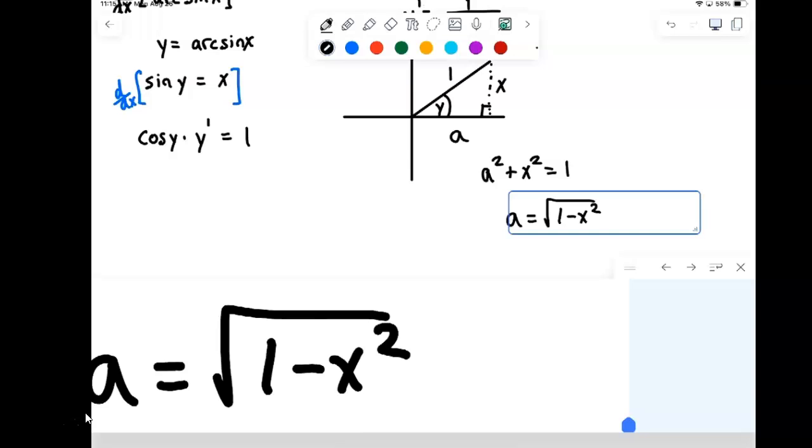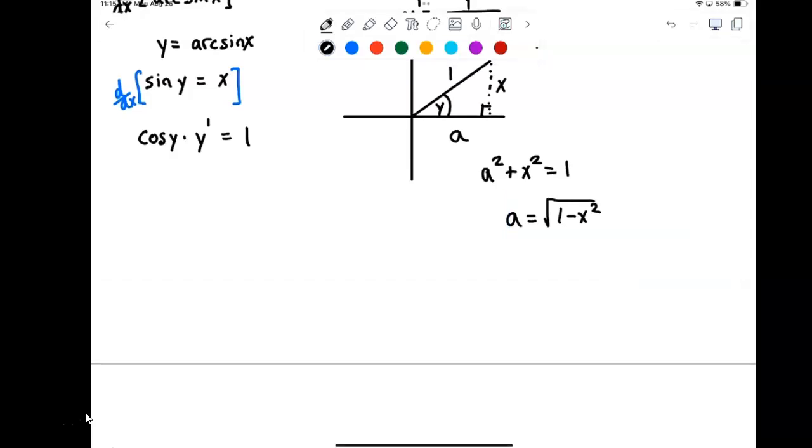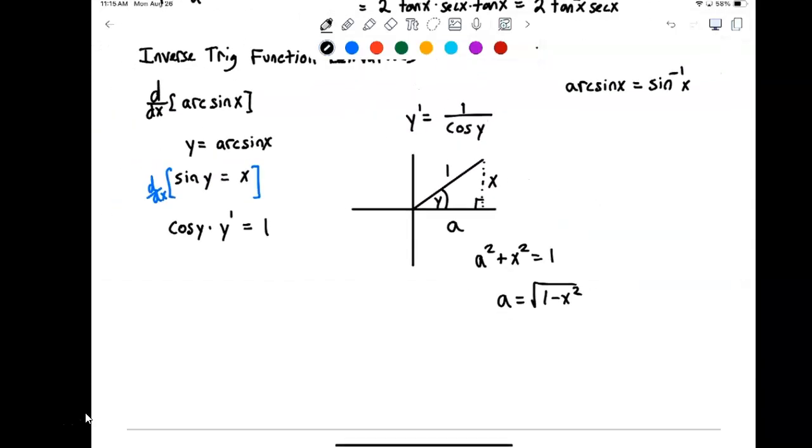That's what A is. And so now we know that our derivative, y prime, which was the derivative of the arc sine, is 1 over cosine y. But we can now compute cosine y in our picture because we now know what A is and we know the hypotenuse is 1.